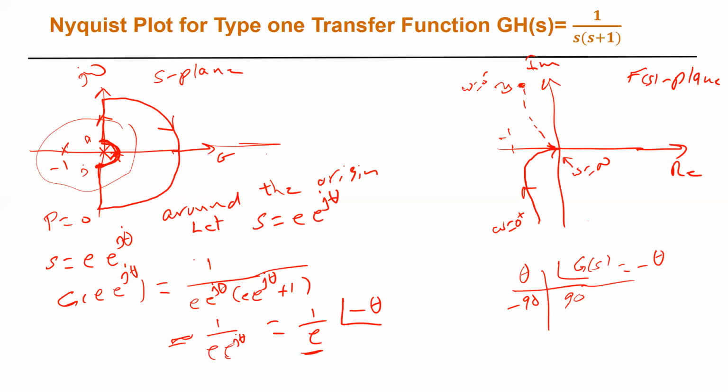What is the angle? Look, this is the polar plot. This is 0. This is minus 90. This is minus 180. This is minus 270. Or this is 90, this is 180, and this is 270. I am at this point.